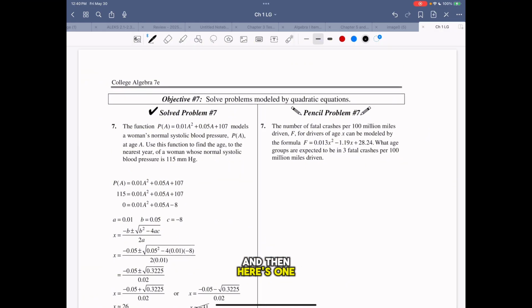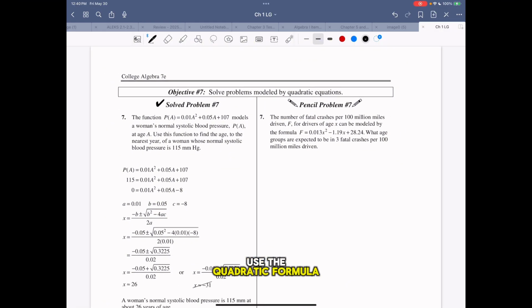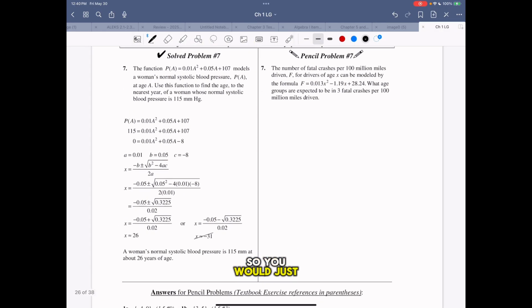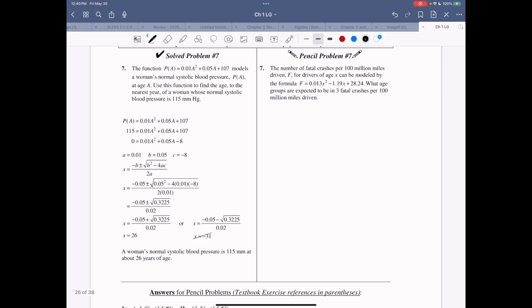And then here's one where you have to use the quadratic formula. So you would just use A, B, and C. And then it says use the function to find the age to the nearest year of a woman whose normal systolic blood pressure is 115.